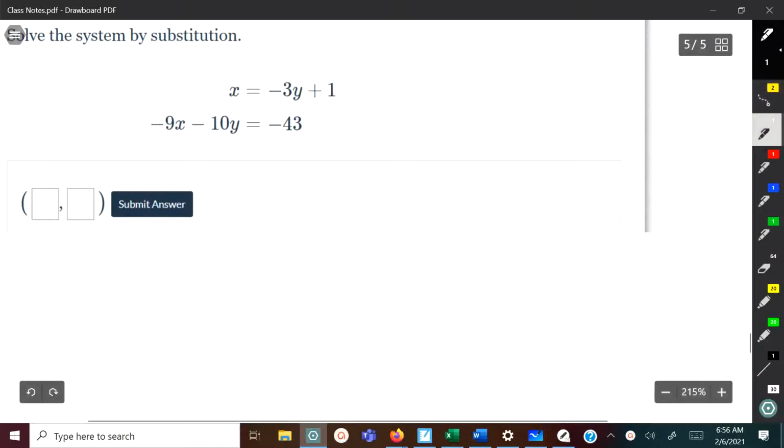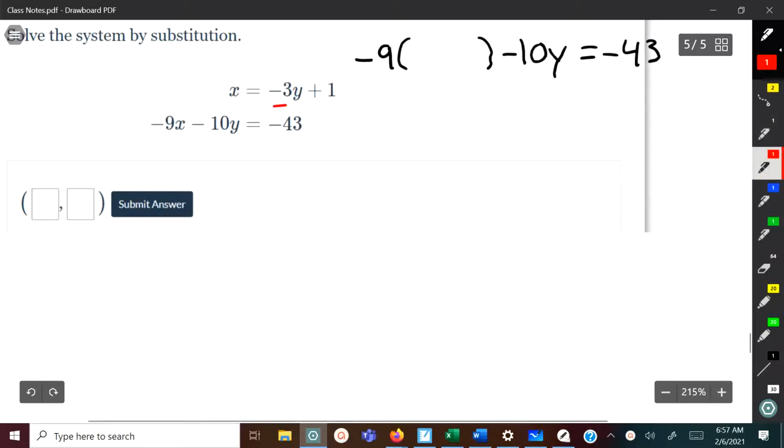So I've got negative 9x minus 10y is equal to negative 43. And I'm going to plug in this whole expression in for x, negative 3y plus 1.